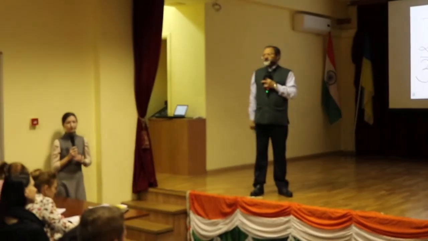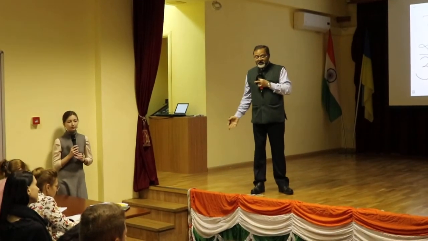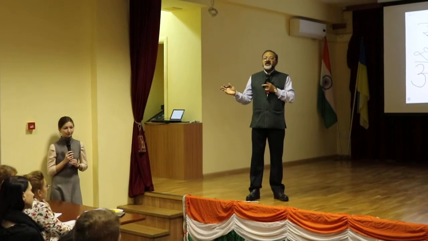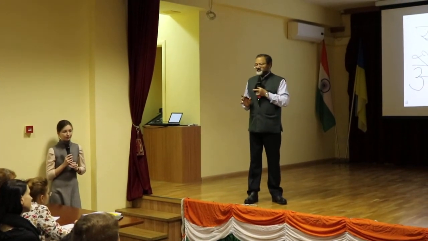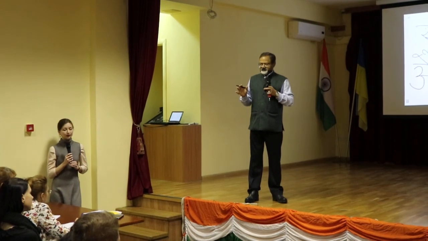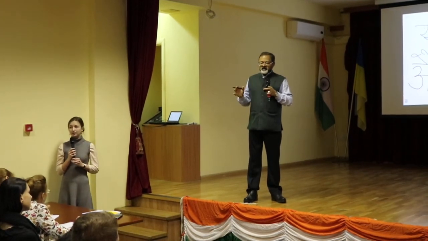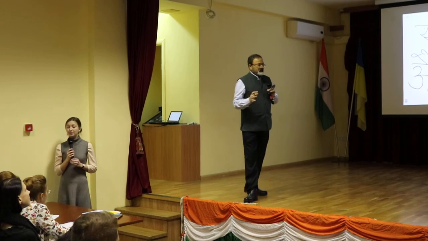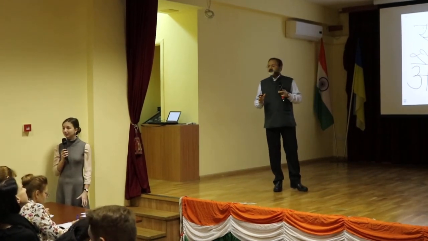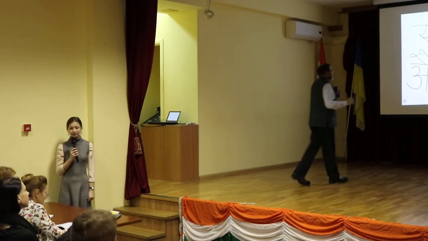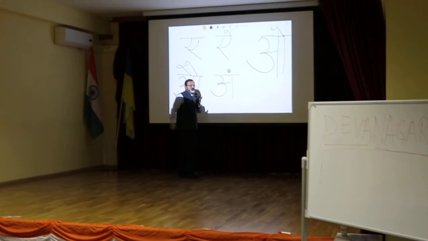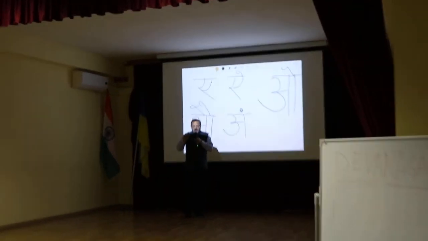That is the sound. And the last sound, which is once again not there in any other language, is the sound ah. И последний звук, которого нет в любом другом языке, это а. Okay, the name of this dot is called Anuswar.